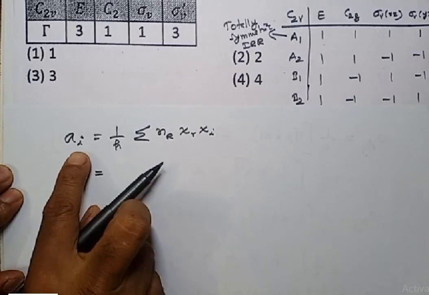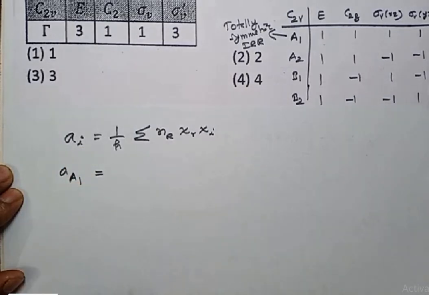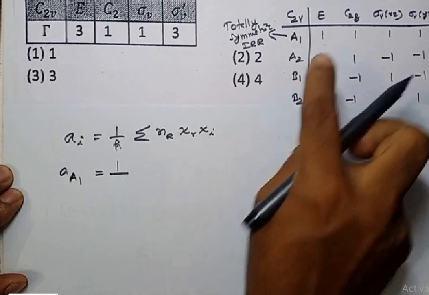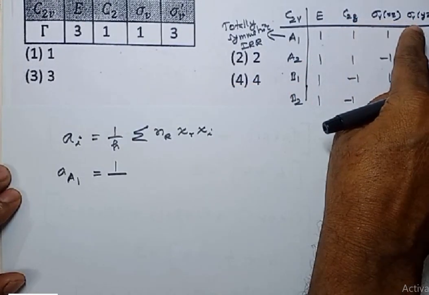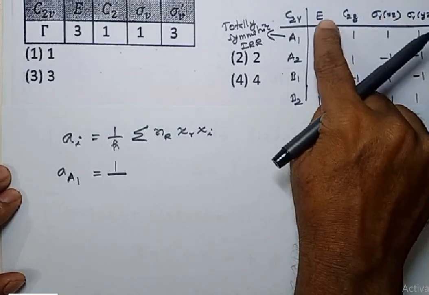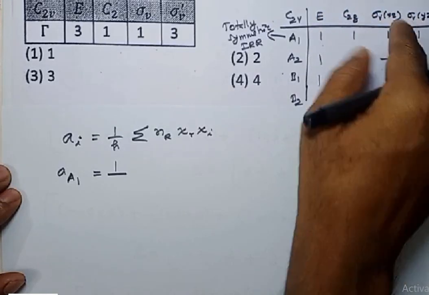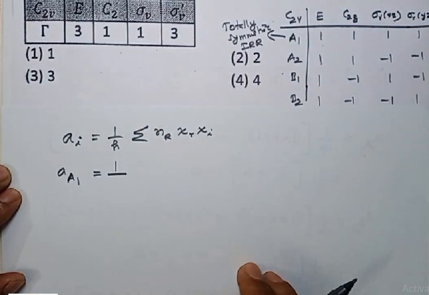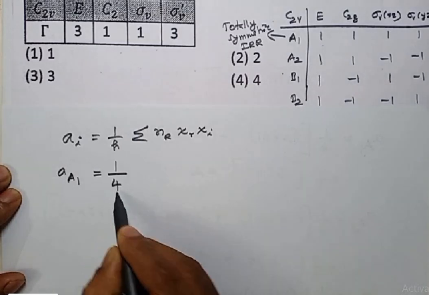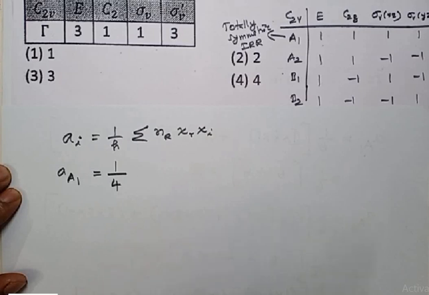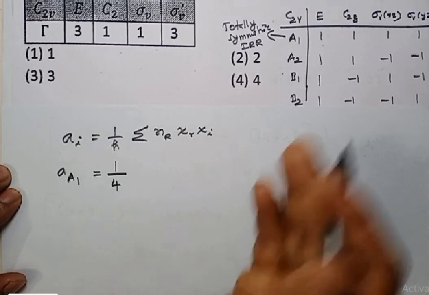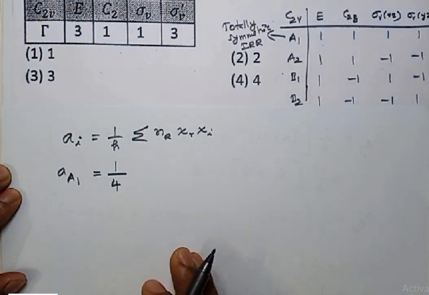So in the place of i you put A1. For this point group there are 4 symmetry operations available, 4 classes. So the order of the point group is 4. Order is nothing but the total number of symmetry operations.